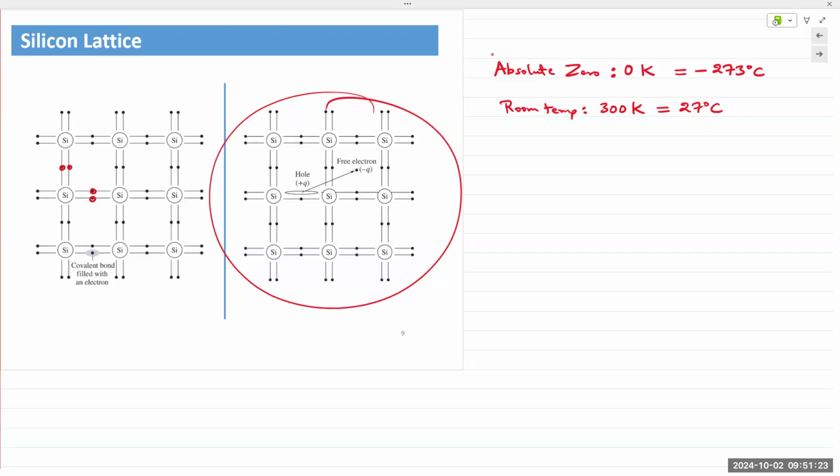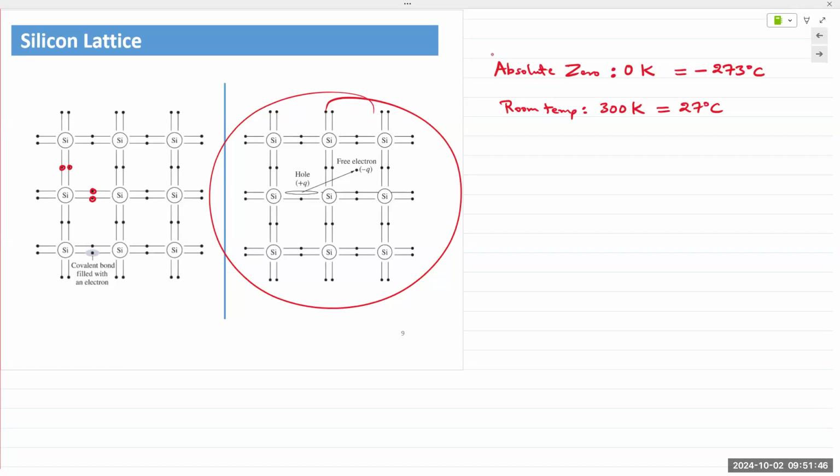Okay, so at room temperature, 27 degrees C, there are several thousand million electrons in a structure that have acquired sufficient energy to break free and climb from the valence energy level EV to EC.